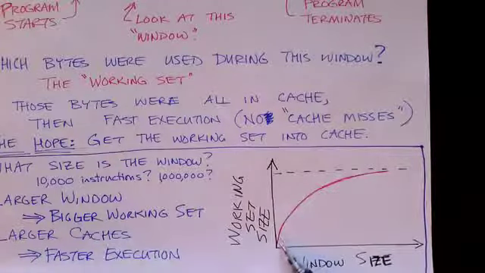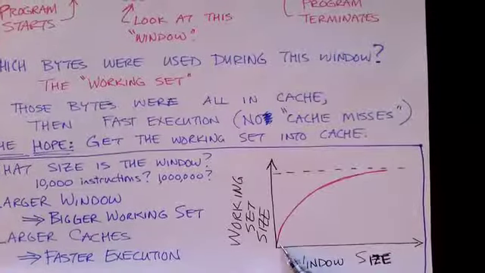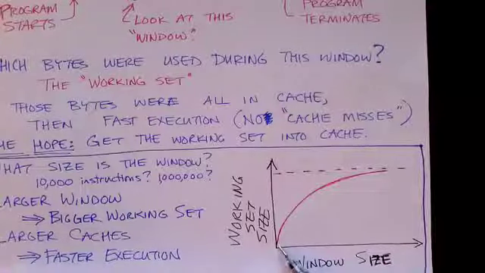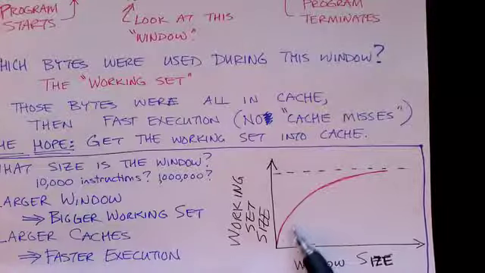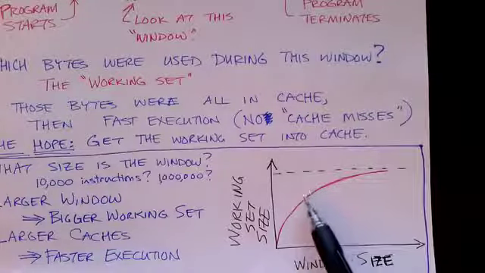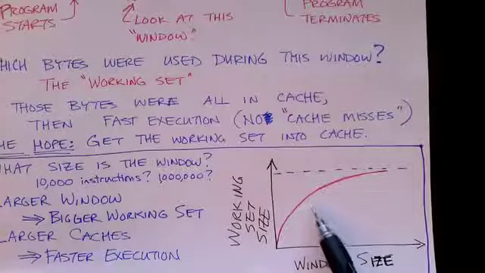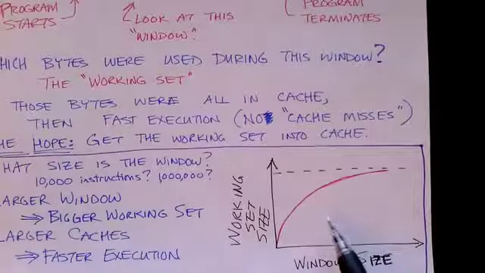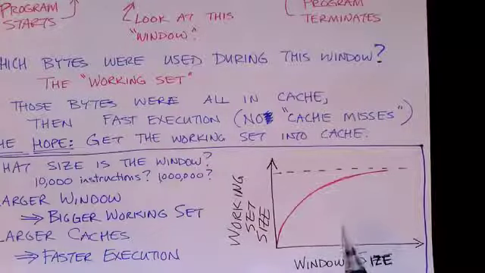And in the limit, when you're looking at just one instruction, well, you don't need very many bytes at all. You need the bytes that comprise that one instruction, maybe 3 or 4 bytes, and maybe that instruction touches a word of memory, so you need 4 bytes of data from memory. As the window size increases, the working set size also increases. So there's no magic point, no magic size for the working set, but we like large caches so we can get more of the working set into memory.